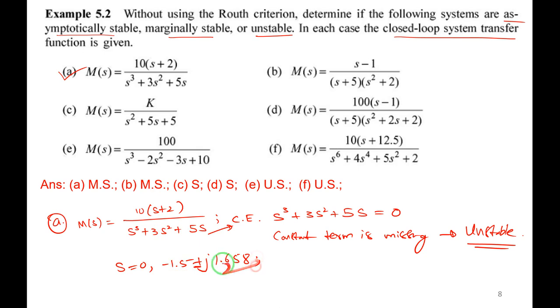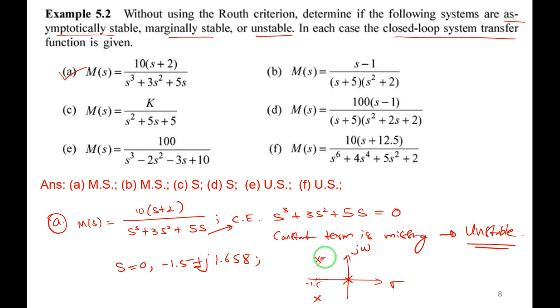Totally 3 roots, right? You can observe here one of the roots is at the origin. What about the remaining two roots? Sigma is minus 1.5, minus 1.5 plus or minus j something.